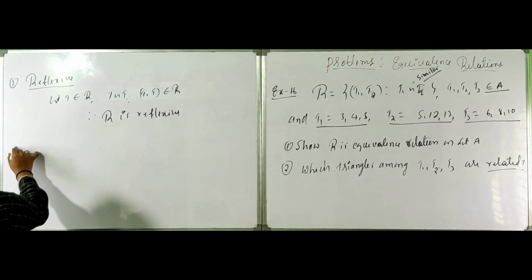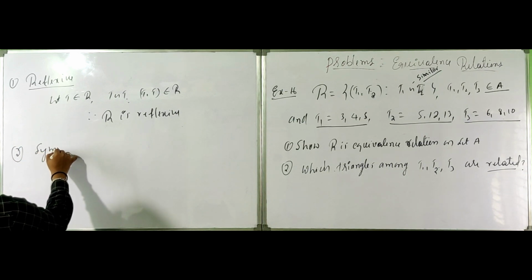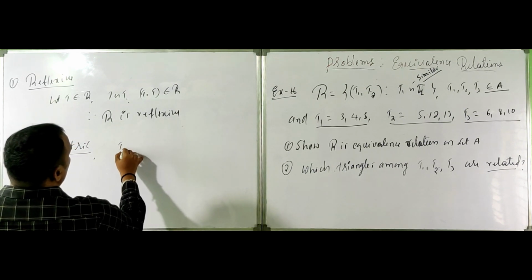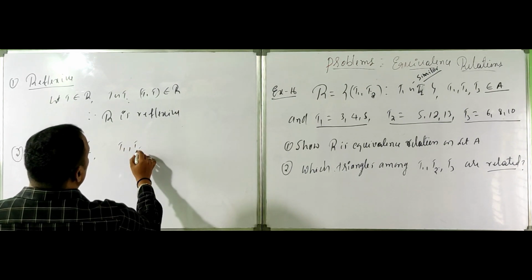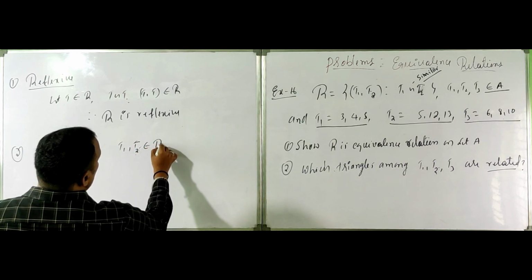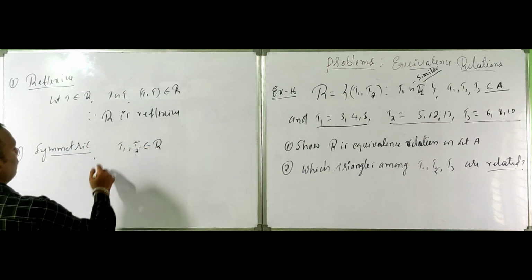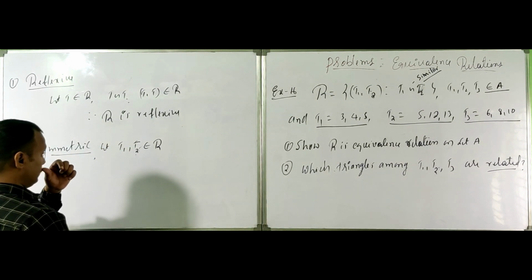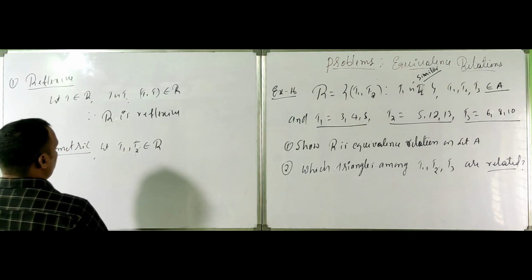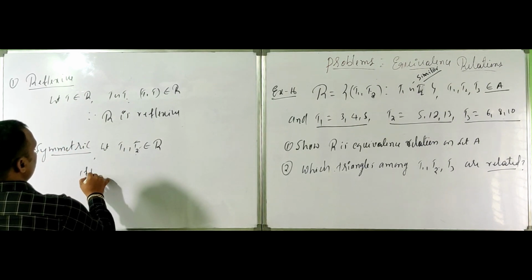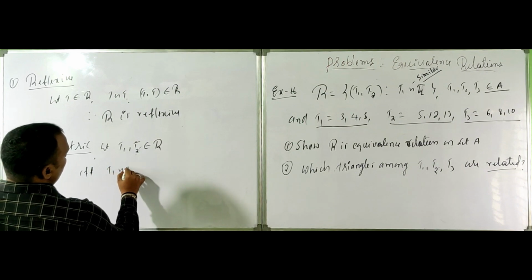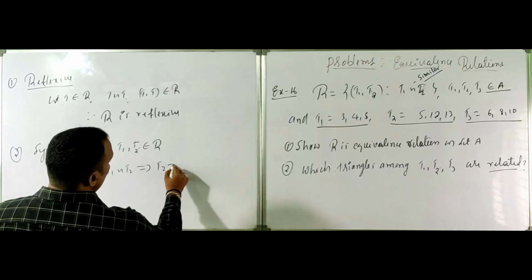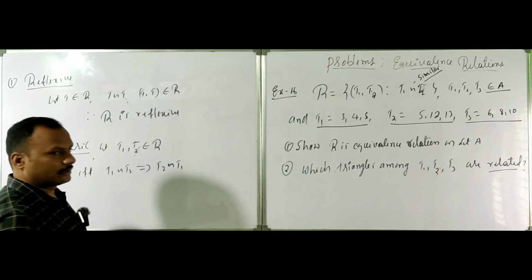Then take the symmetric. I take T1 and T2 belonging to R. Then if T1 is similar to T2, this implies that T2 is also similar to T1.